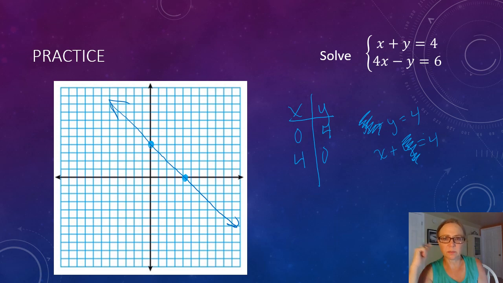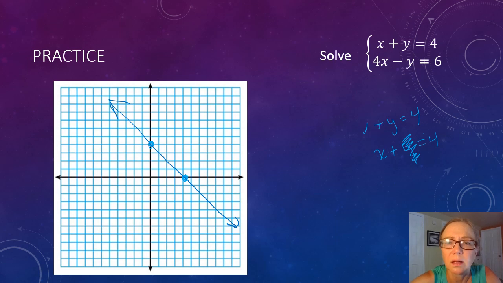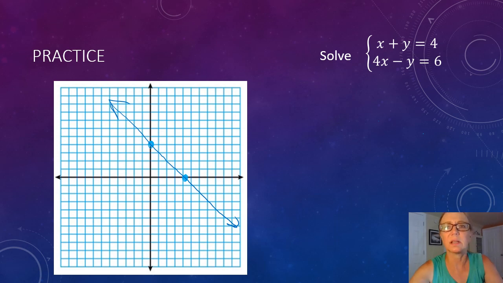Now, the second equation is also in standard form, but I'm actually going to isolate y in that equation because when I look ahead, I can see that I'm going to have fractions. So I'm going to isolate y. So 4x minus y equals 6.